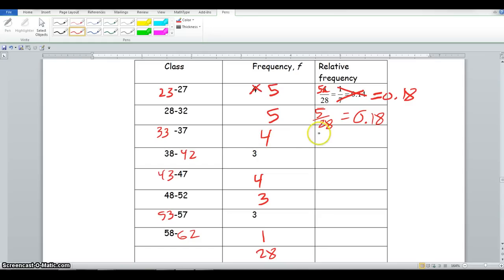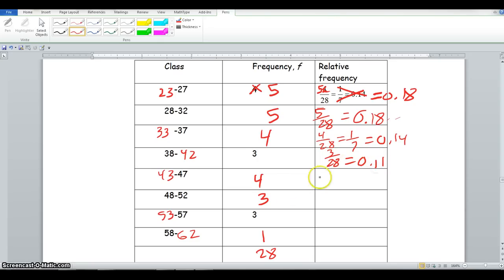Now this right here will give us 4 over 28, which is the same thing as 1/7, which if we put in our calculator, 1 divided by 7, gives us about 0.14. And then we have 3 over 28, which gives us about 0.11.